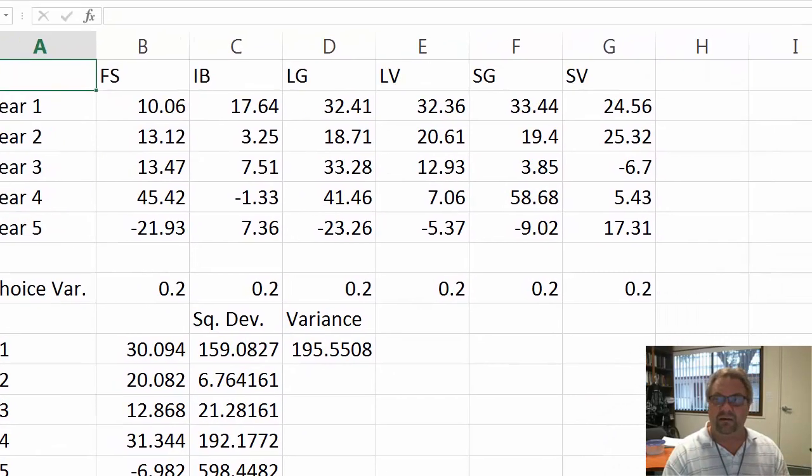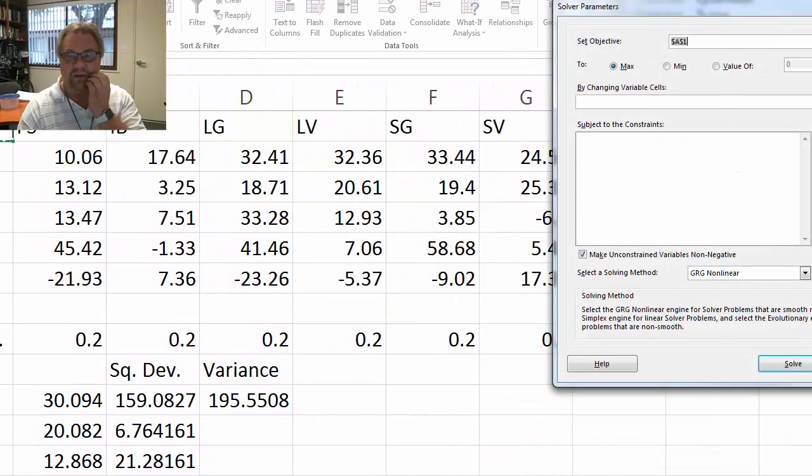So I'm going to go into Data, Solver. Okay, so again, I want to minimize my variance subject to getting at least 10% return.